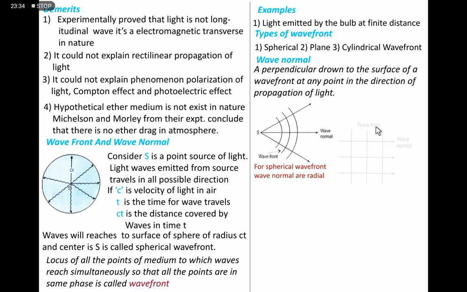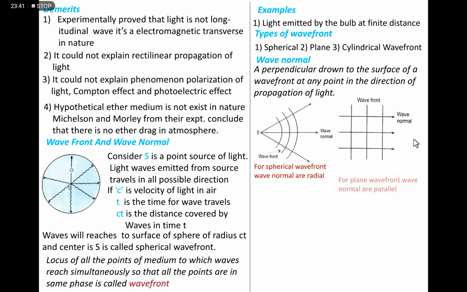And if we consider the plane wavefront, the wave normals to the plane wavefront are parallel to each other. Sometimes an MCQ or one-mark VSA type question will be on this part. So wave normals are radial for spherical wavefronts, and wave normals are parallel for plane wavefronts.